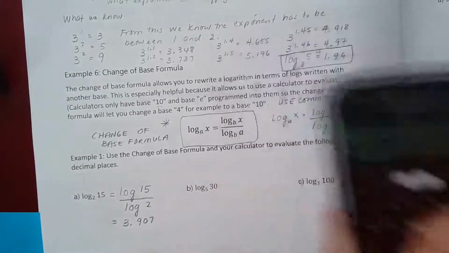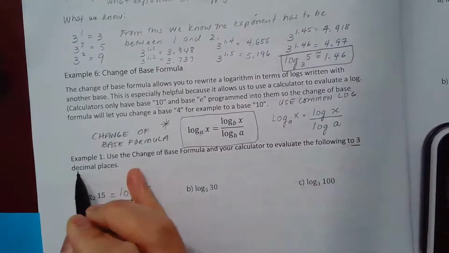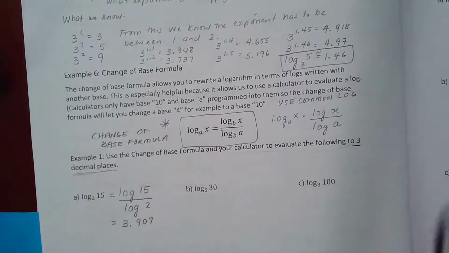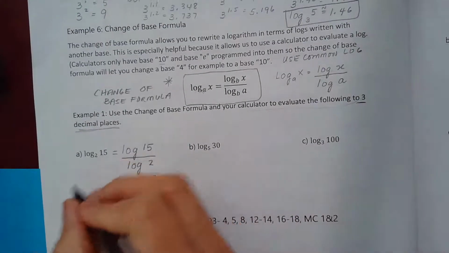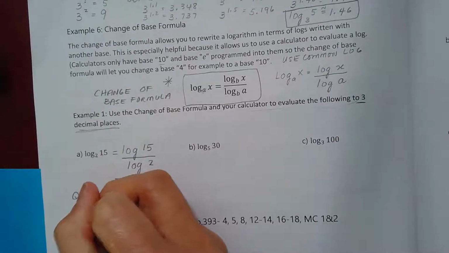3.907. Now they're asking us to do 3 decimal places. Okay, so I'm just going to do a quick check in here. This is a quick check just to show you that it works.